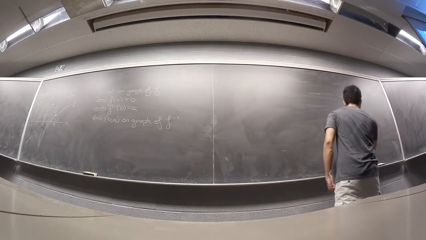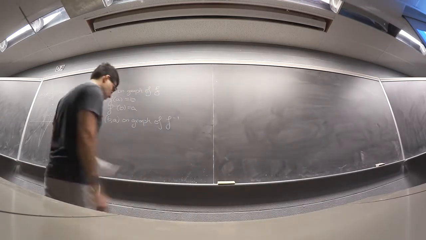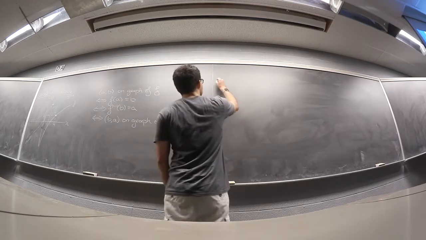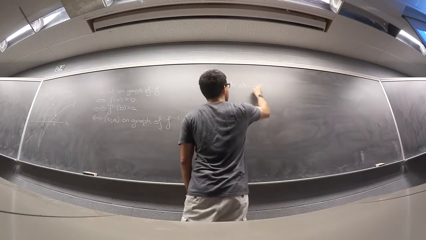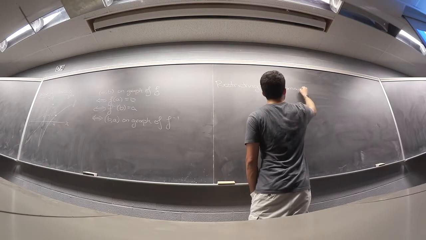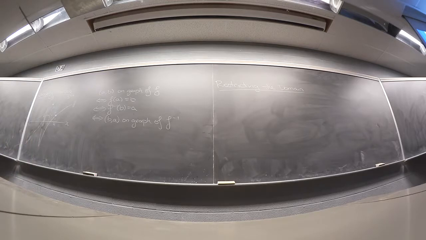Most functions are not invertible, right? If you make a function at random, it's not going to be invertible. Put it this way: if you have a function that's not invertible, you might be able to make it invertible by restricting its domain.